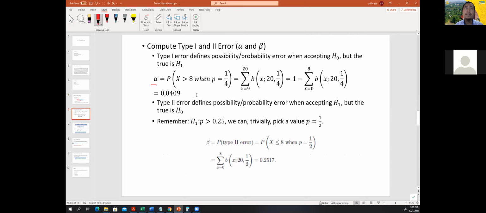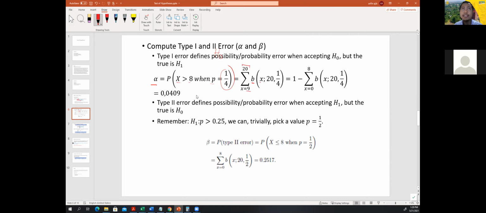And then we compute the probability of x greater than 8 when the probability is 1/4. This value comes from the null hypothesis. Computing this probability, we can consider it a binomial distribution. X greater than 8, so we start with 9 until 20, because the sample size is 20, right?